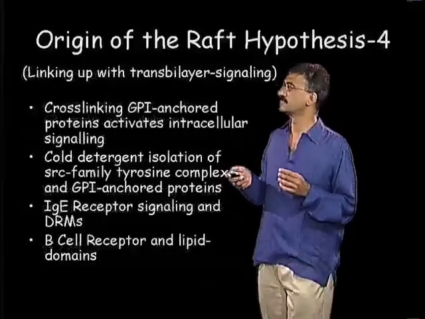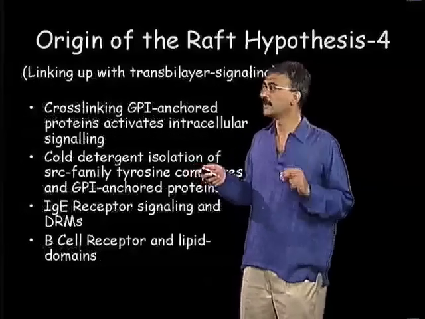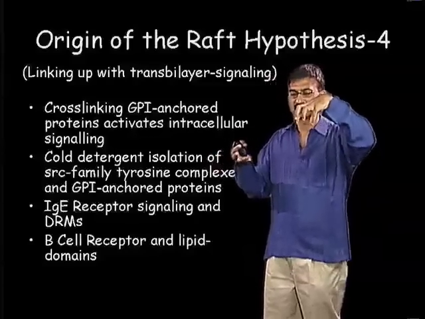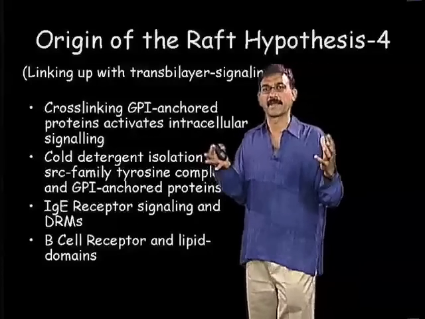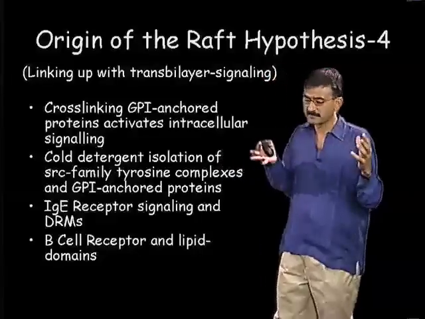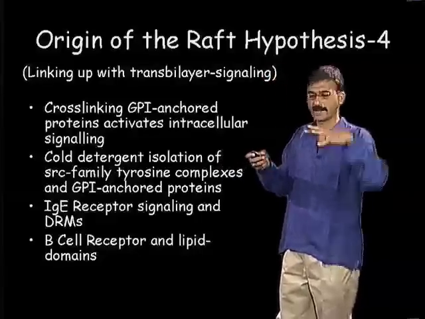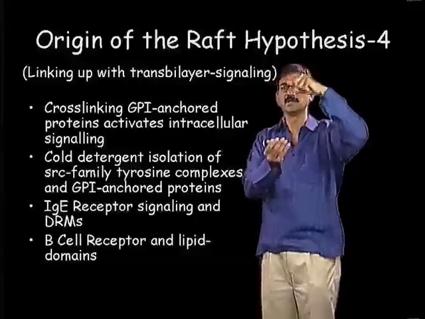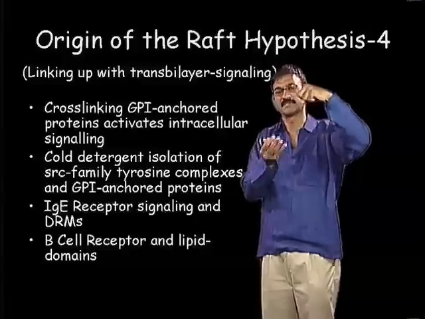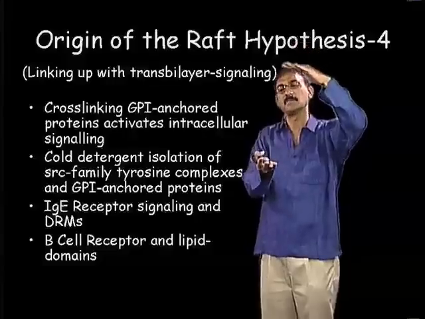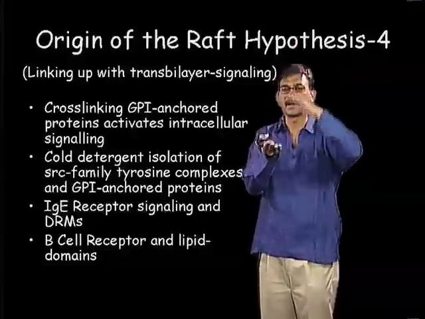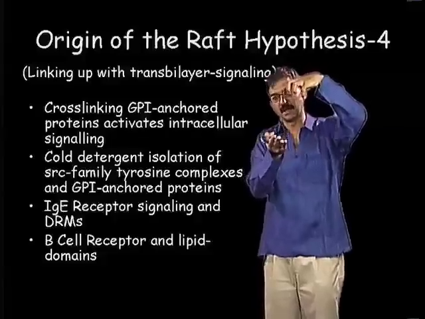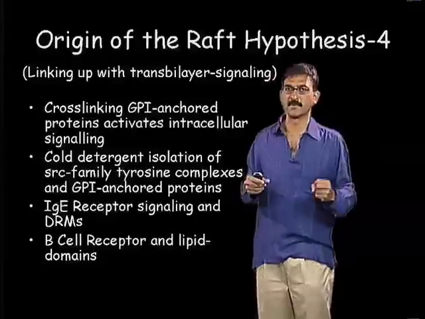So putting all these observations together, along with the notion that if you cross-link these lipid-anchored components at the cell surface, one could often activate signaling mechanisms inside the cell, and that these were activated by cross-linking of these lipid components with no obvious cytoplasmic connection, this implied that there might be some transbilayer connection between the outside exoplasmic leaflet and the inner leaflet of the cell membrane.